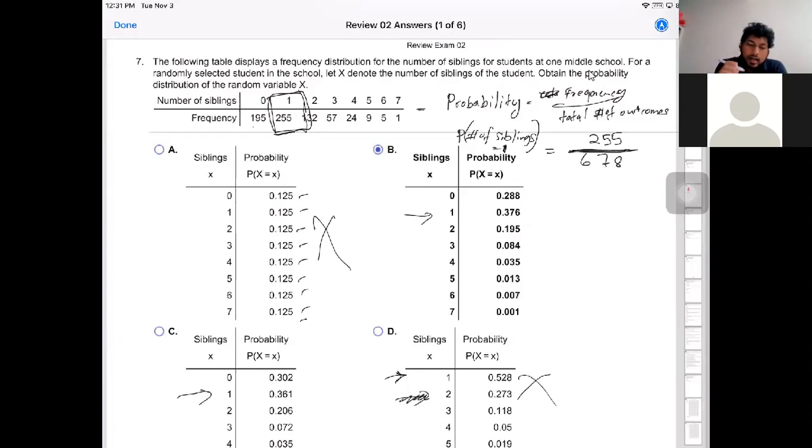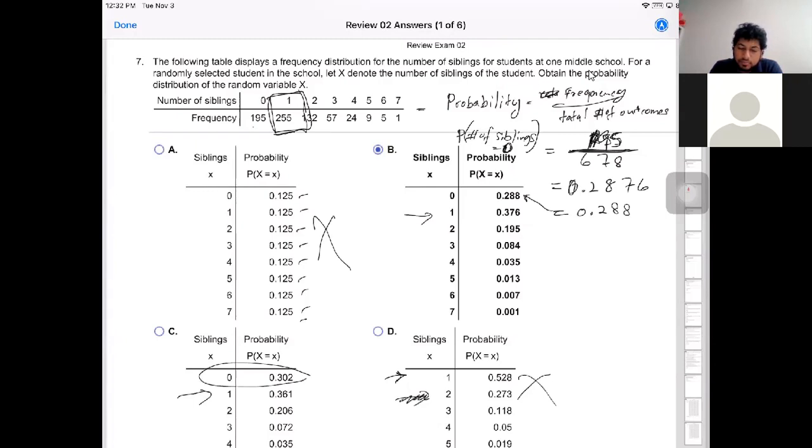If we calculate number of siblings 0, for example, this is going to be 195. Then the answer is 0.2876, which means you can simply write 0.288. You can round it up, which means this value. So in the first one, the answer is wrong.